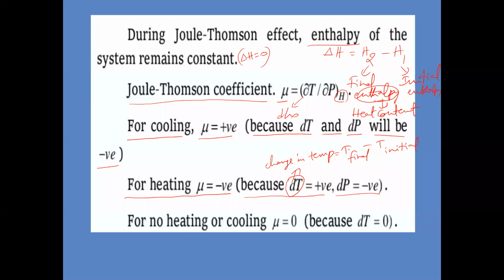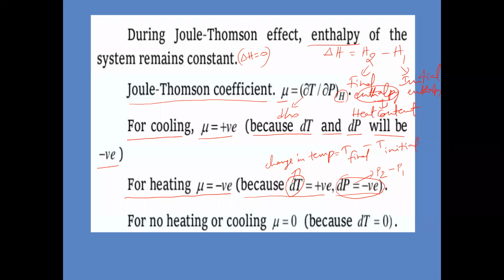Whenever the final temperature is greater than the initial temperature, this difference becomes positive, so dT becomes positive. And dP is negative, meaning the change in pressure is negative: the final pressure minus the initial pressure is negative. The final pressure is lesser and the initial pressure is more, and a lesser value minus a greater value becomes negative.